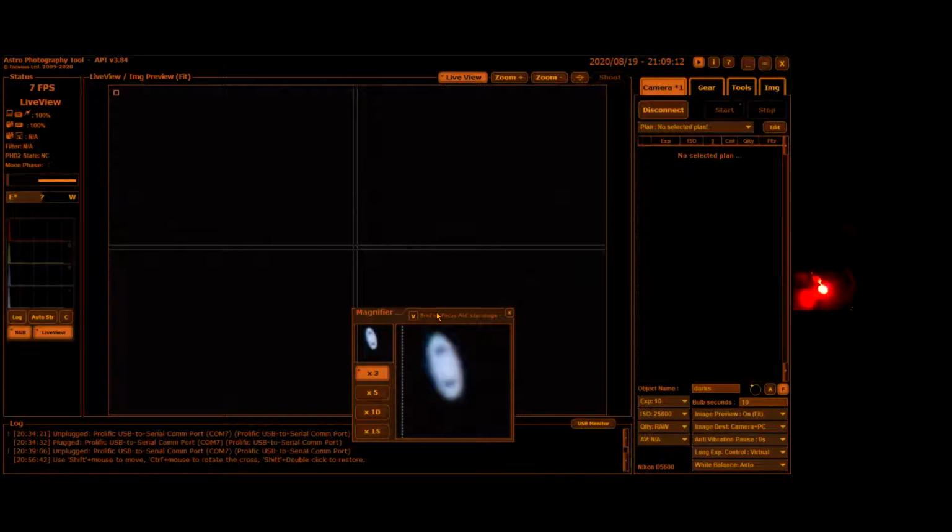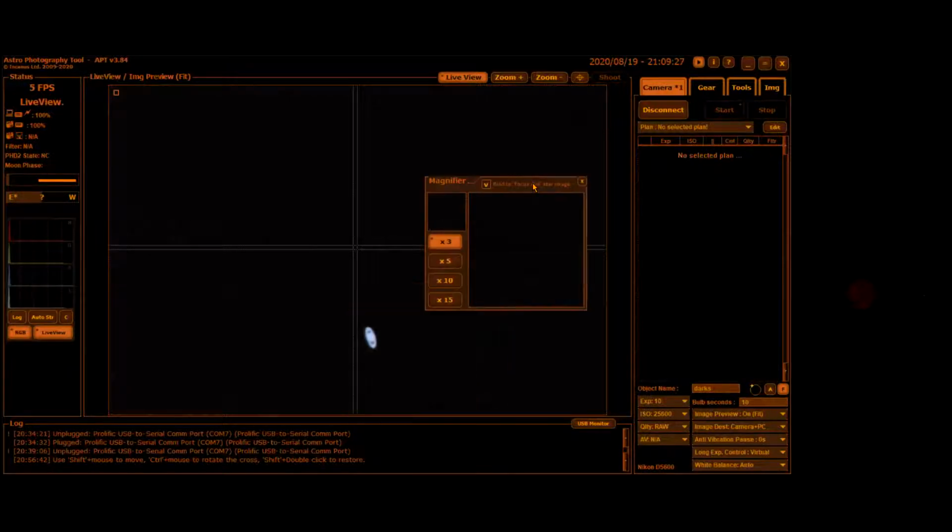In theory, yeah, we should be able to see Titan. So let me just reposition this, move it up a little bit. I think I see something right about there, but let me move it up a little bit in the telescope.